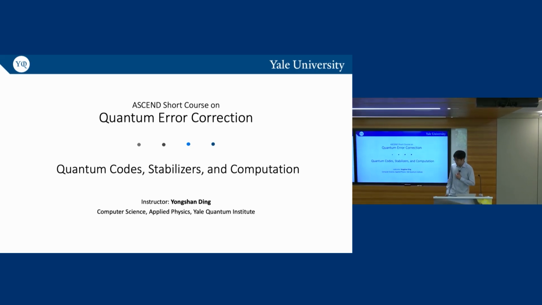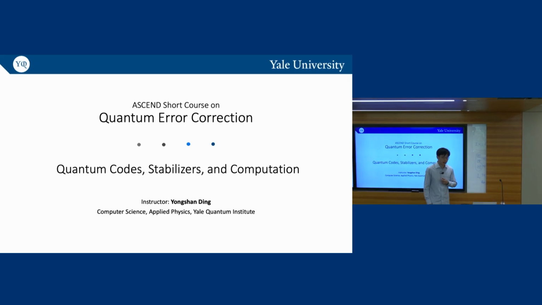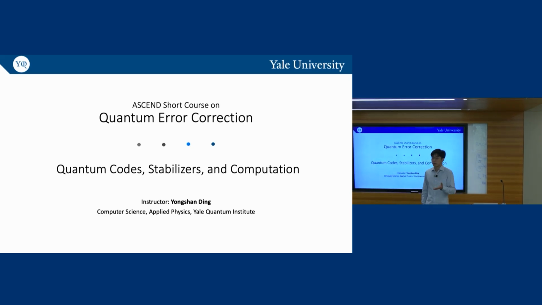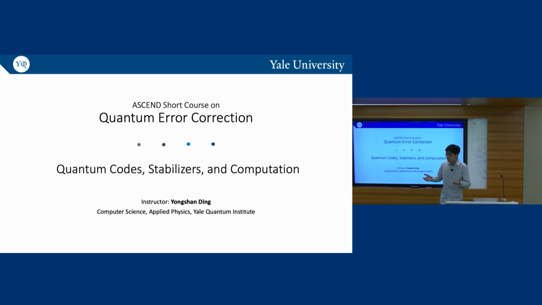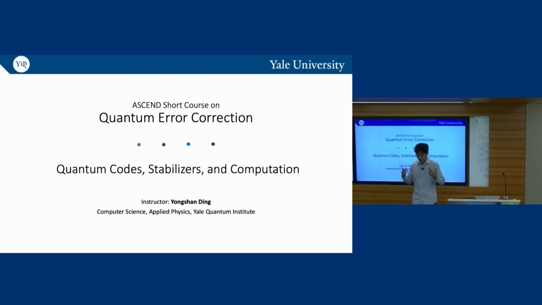But today, we're going to talk about how to protect quantum information and do computation in the noisy world. We'll start with some small tricks, trying to solve this problem of detecting and correcting quantum errors, and build our way up to, in my opinion, one of the most beautiful theories in modern physics and information theory.